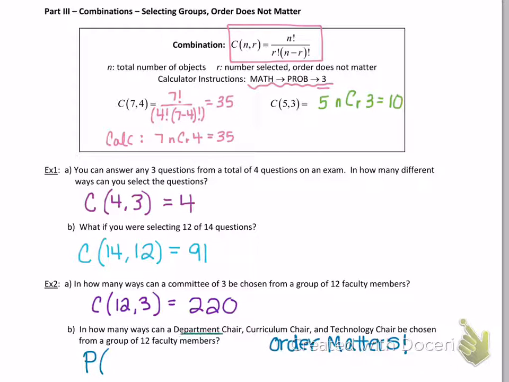There are 3 jobs, and in part A, we also chose 3 people. But these are jobs, so the first person gets designated to be the department chair. You can't have someone be a department chair and the curriculum chair. So the order of their jobs and how they're picked matters. So it's a permutation of the same values, 12 choosing 3, and you get 1,320 options.